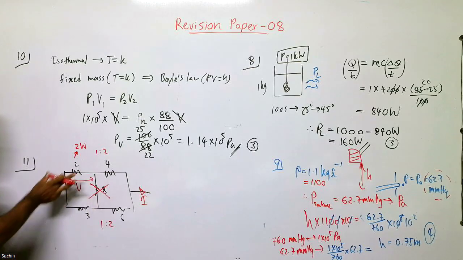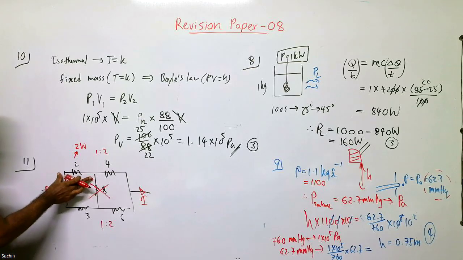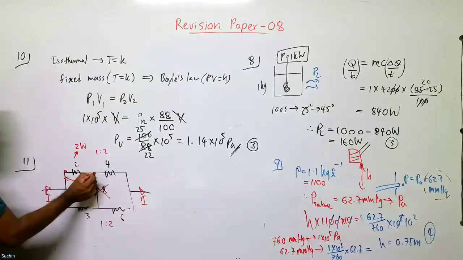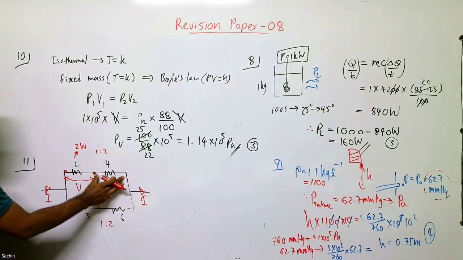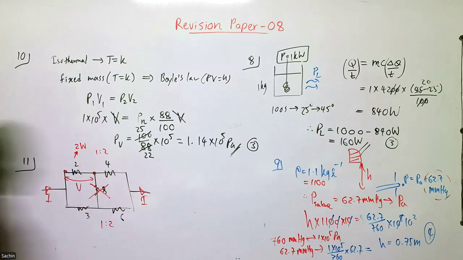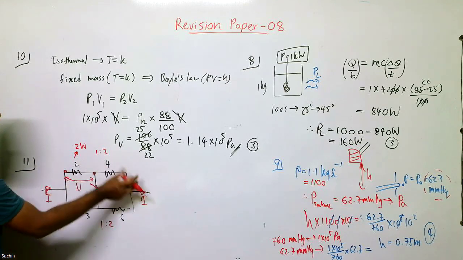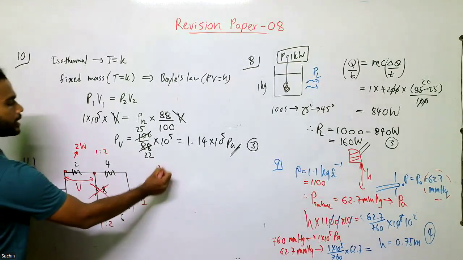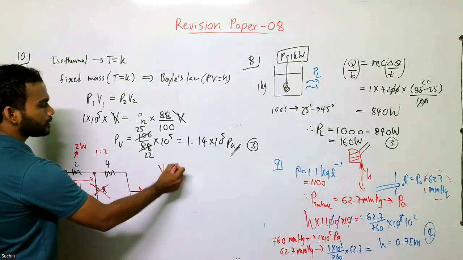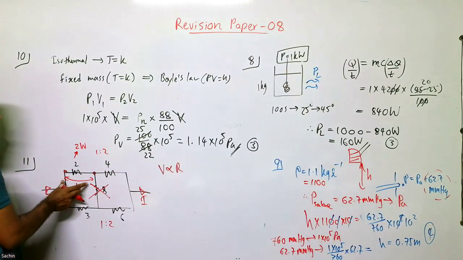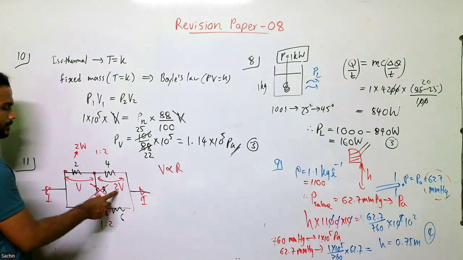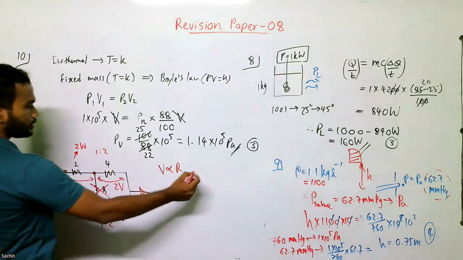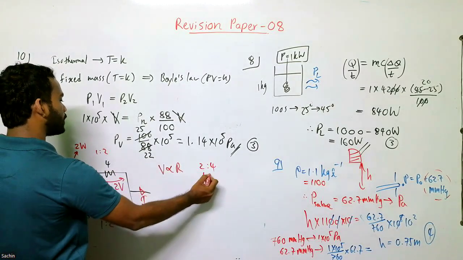Once I evaluate the voltage at the ends of this 2 ohm resistor, then by ratios we can evaluate the voltage across the 4 ohm as well, because for series connections the voltage is proportional to the resistance. If this one got some voltage, then twice that is taken by the other, because the resistance ratio is 2:4, 1:2.